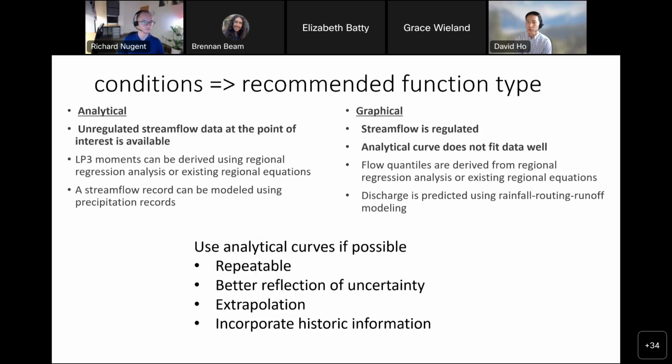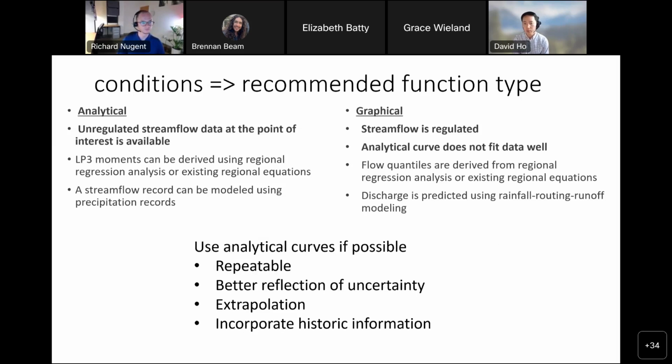Right, so when would you use one or the other? I have a number of points listed here, but the main things are: use an analytical curve if the stream flow data is unregulated. That means that flow is not hindered by something man-made. Use a graphical method if the stream flow is regulated, which just means that flows are being affected by some type of structure.